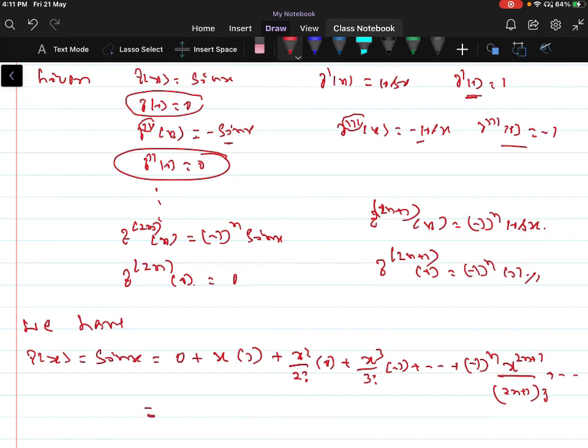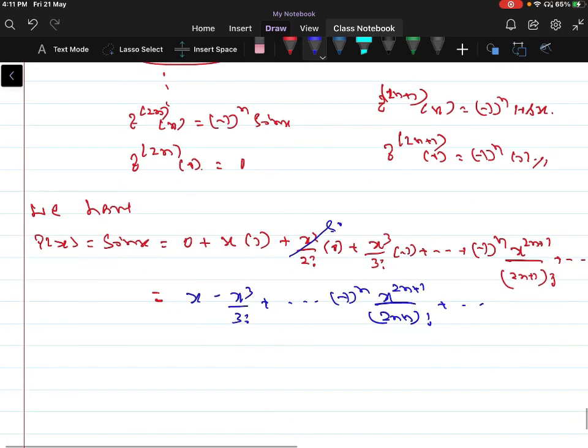So sin x can be written as x minus x cube by 3 factorial plus and so on, minus 1 to the power of n into x power 2n plus 1 by 2n plus 1 factorial plus and so on. It is a series expansion of the function sin x.